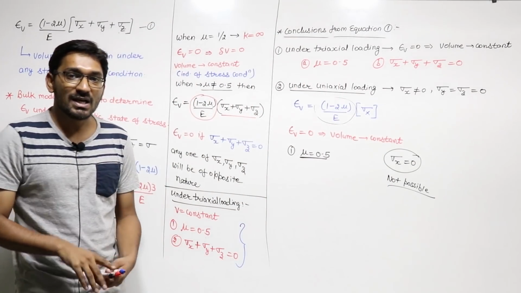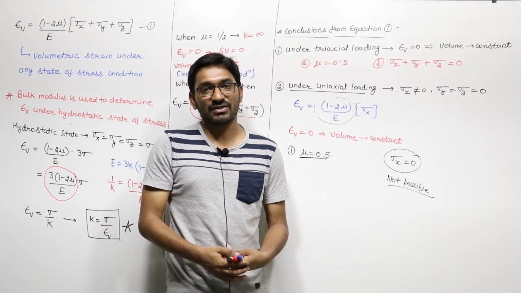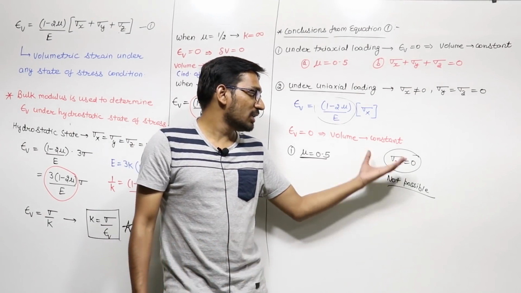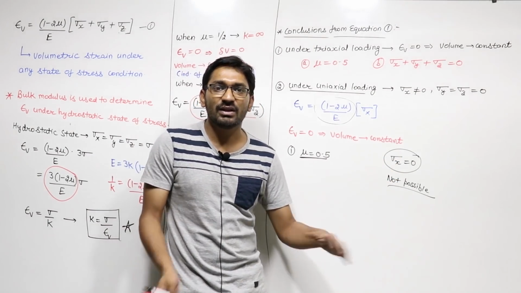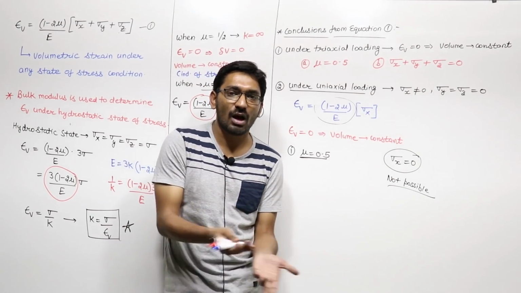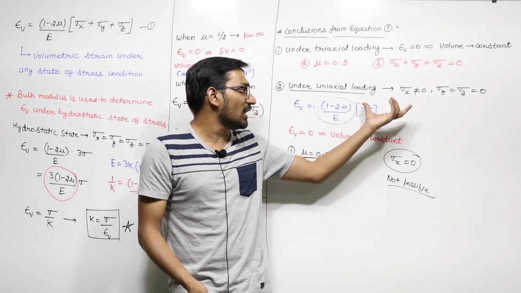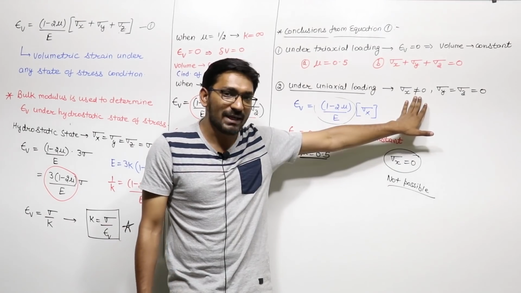Why is it not possible? Sigma x means the normal stress in the x direction. If sigma x is also 0, then there is no loading. And if there is no loading, there is no meaning of volumetric strain, right? So under uniaxial loading, sigma x should not be equal to 0.